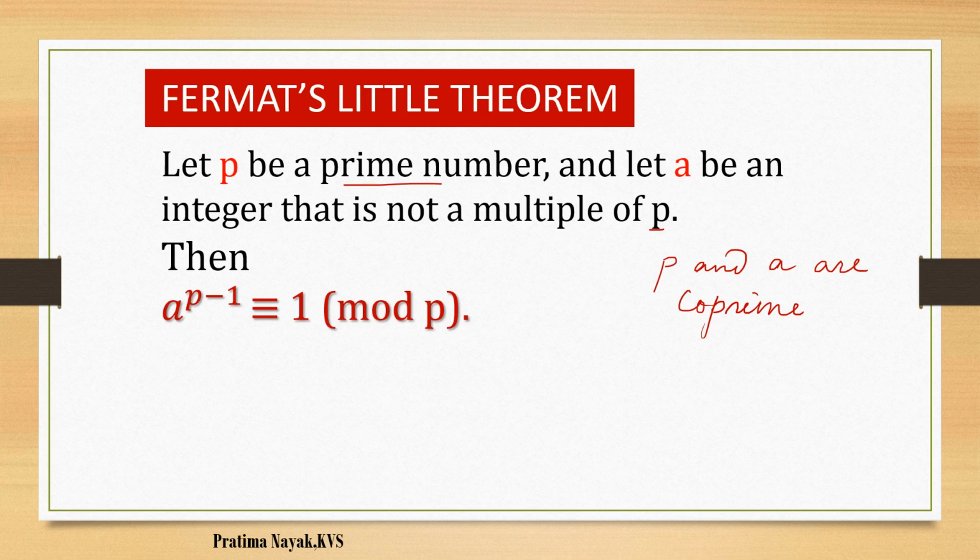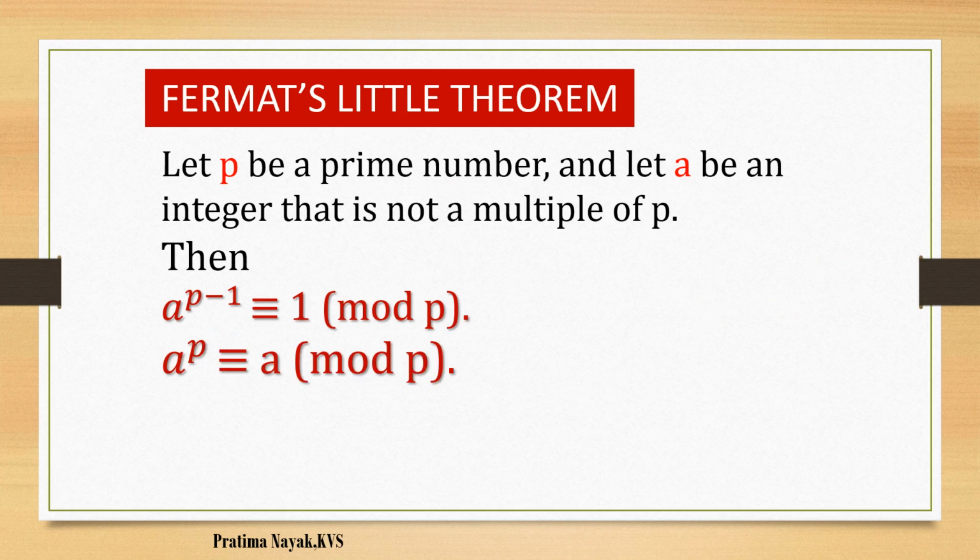P should be a prime number and P and A are co-prime. Then we can write A raised to the power P minus 1 is congruent to 1 modulo P, or it can be written as A raised to the power P is congruent to A modulo P.